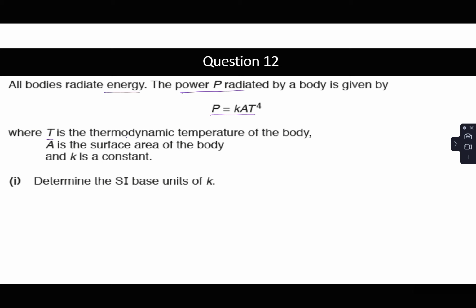Remember, thermodynamic temperature is one of the basic quantities, whose unit is the kelvin. A is surface area. k is a constant. Determine the SI base units of k. So if we want to find the base units of a quantity, we make it the subject. Therefore, k is equal to power divided by area times T to the power 4.